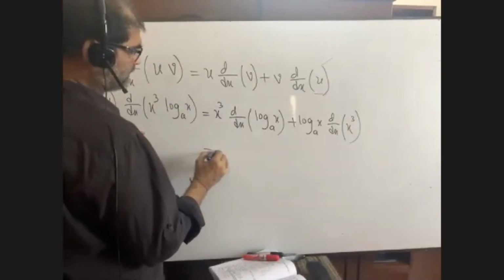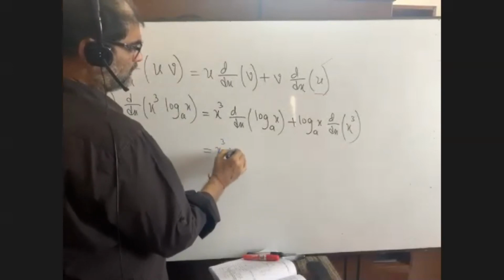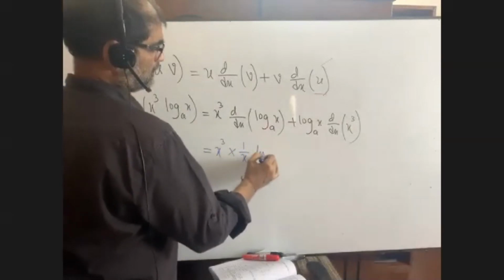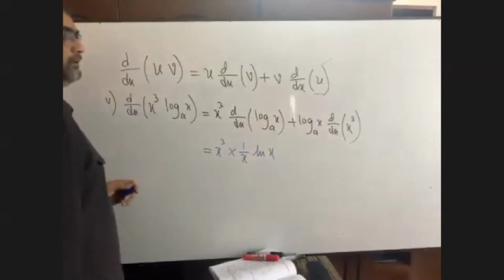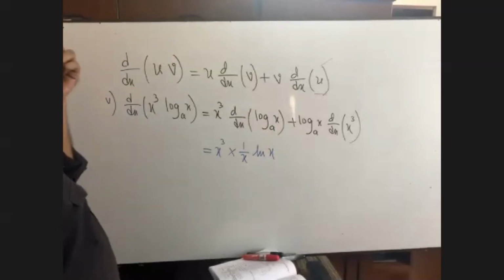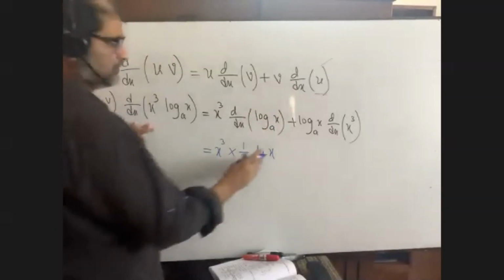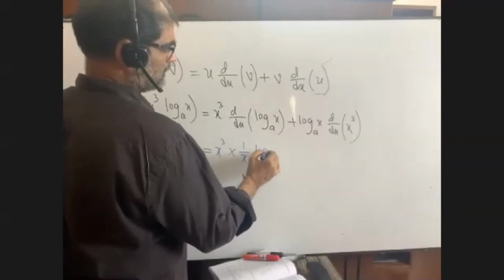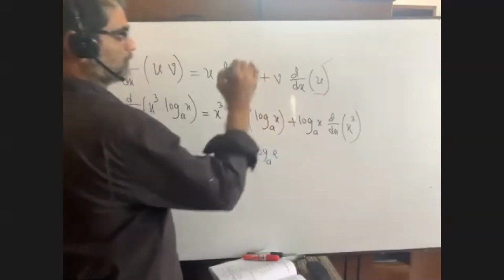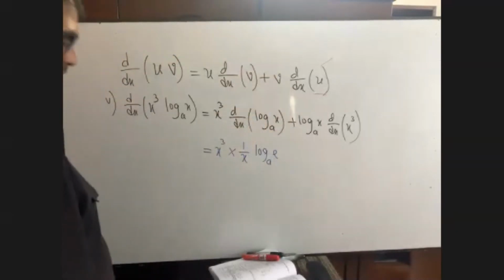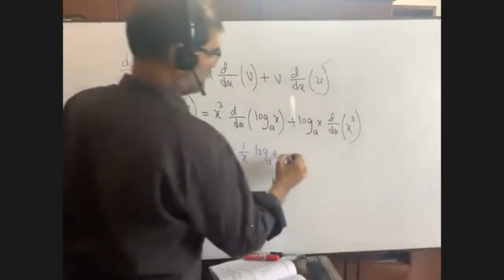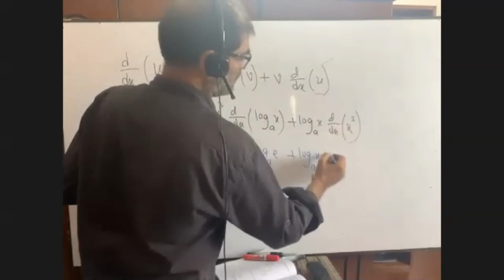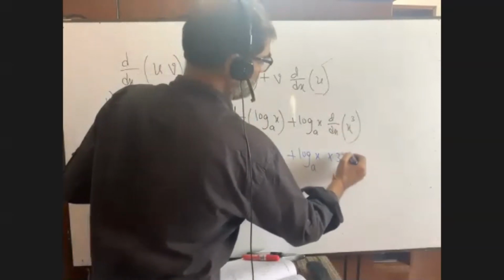You see, x cube, what is the formula? 1 by x, ln x. Can you remember, please? Is it? No, it is not. So let me know. Log a base e. Very good. Log a base e. Then log a base x, the derivative of x cube equals to what? 3x square.